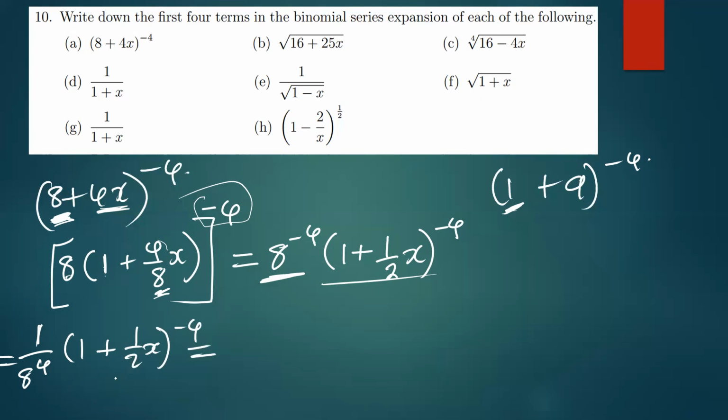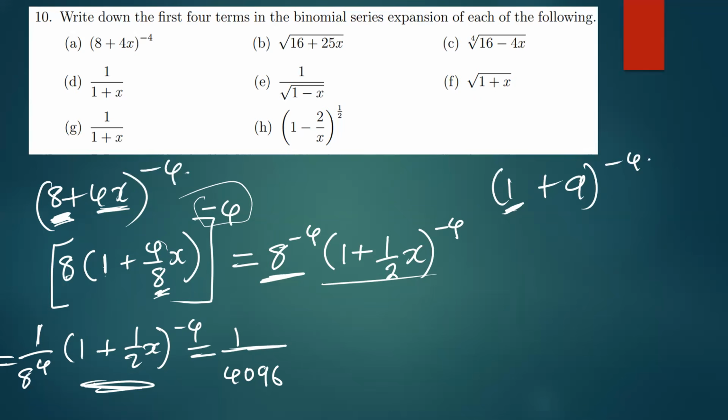So expanding this is simply just going to be what? We know that 8 raised to the power 4 is simply just, yeah, for the sake of time, I've used the calculator, but you can find that if you have enough time. So we have 1/4096.